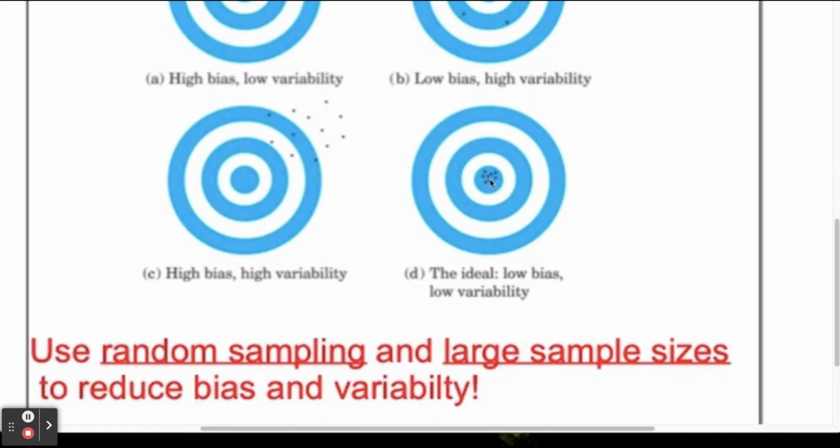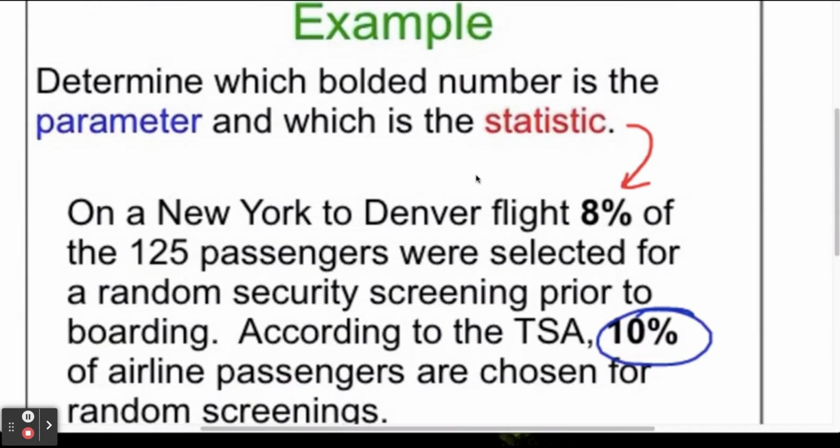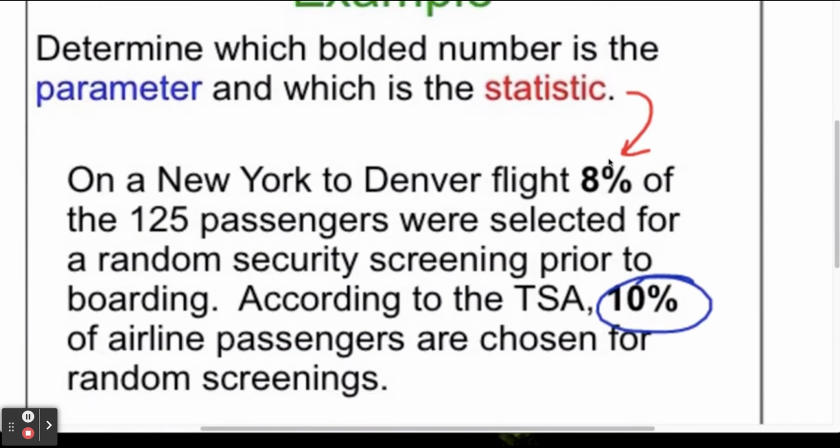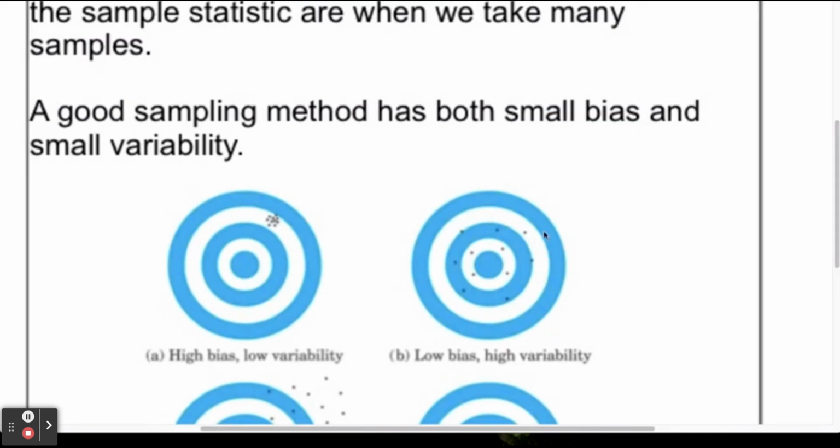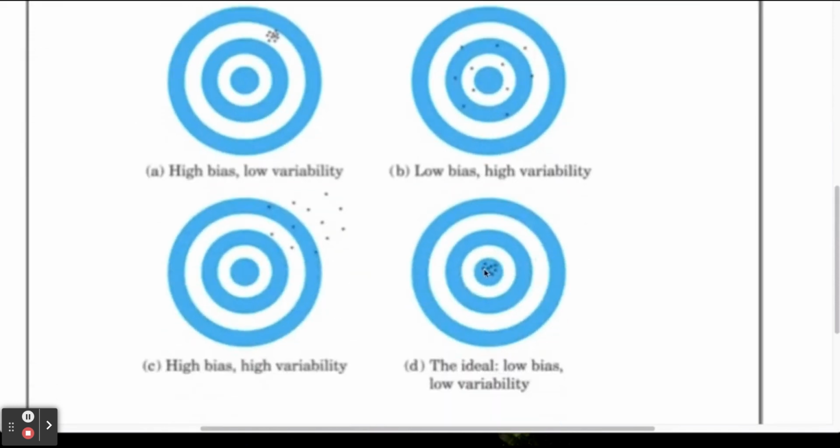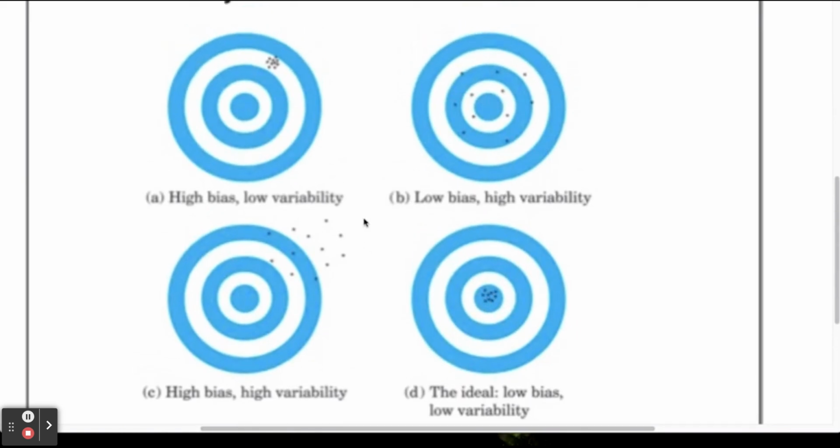Let me go back and use the example where we talked about the goal of the TSA that 10% of passengers get screened, and that on that particular flight, there was only 8%. I actually still have it pulled up here. If I use that example here, the bullseye, the middle, is 10%. And what these all represent is different types of variability and bias.